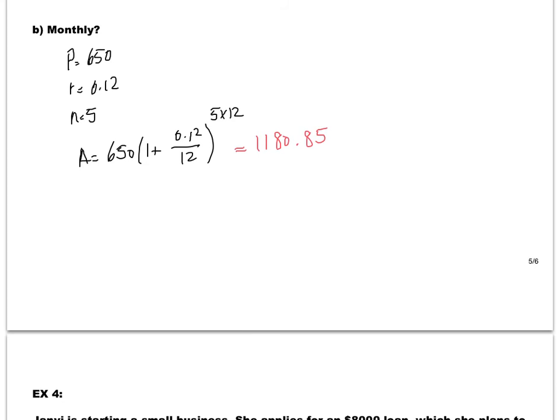So the interest is going to be the amount minus the initial loan, which is $650, which is going to give us $530.85. This is the interest that he has to pay after 5 years.